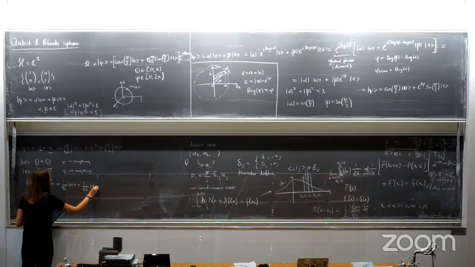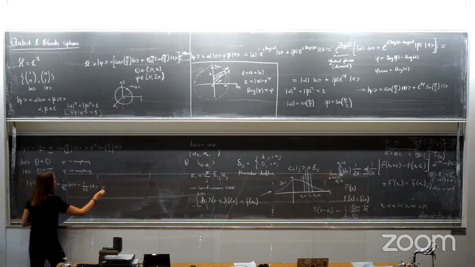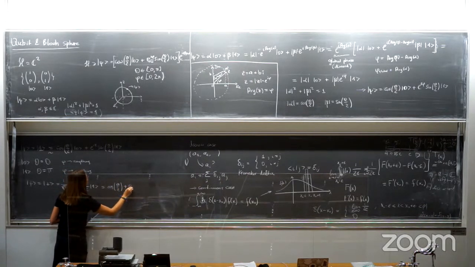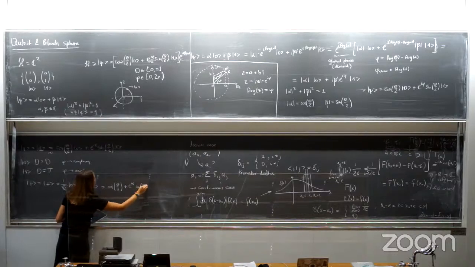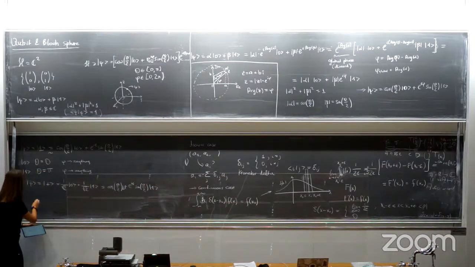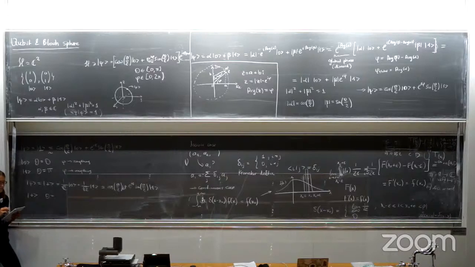And we still want to write it as cosine theta over 2, 0 plus e to the power i phi sine theta over 2, 1. So what is theta for this case? Yes. Yes, exactly.